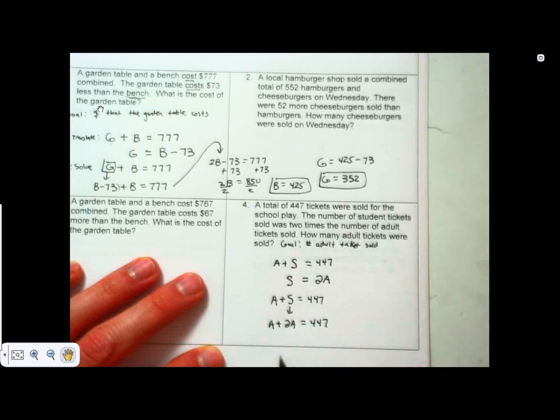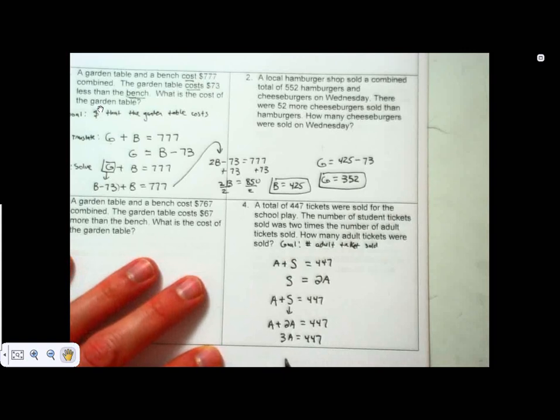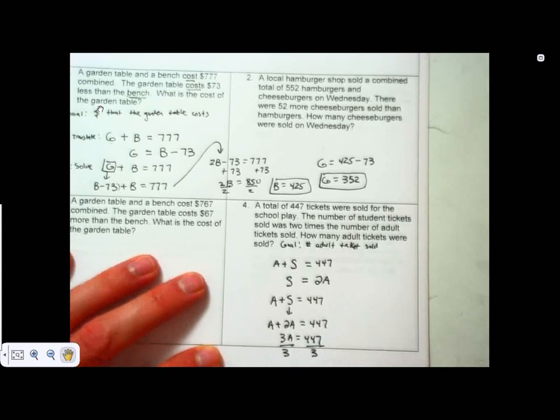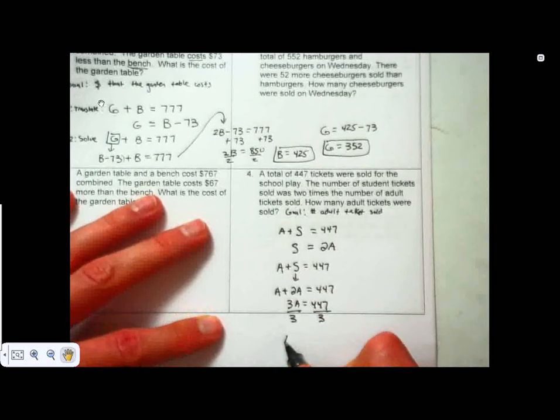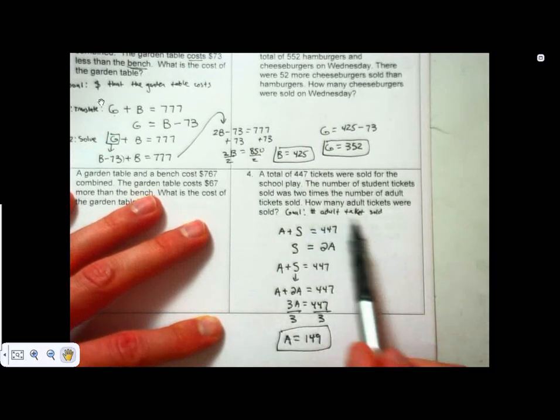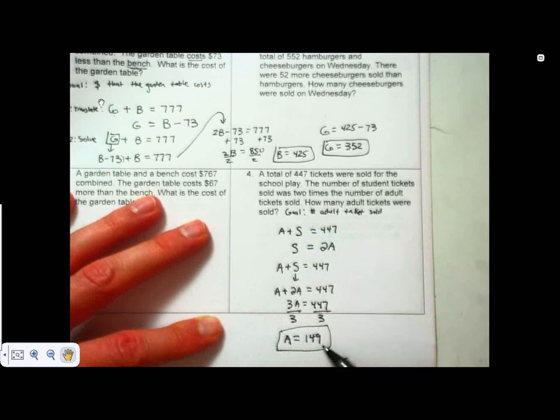Now when I solve this, 1A plus 2A is 3A equals 447. Then if I divide by 3, I end up with A equals 149. And now have I answered the question? Remember my goal was to figure out the number of adult tickets sold, and that's exactly what A stands for.